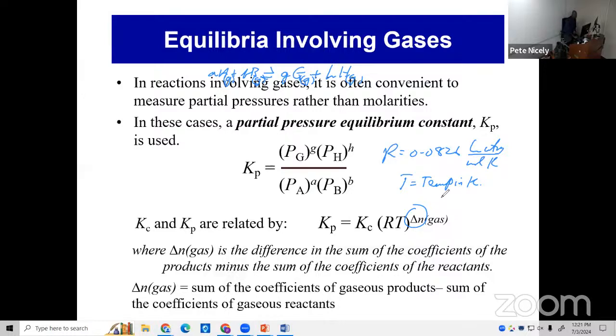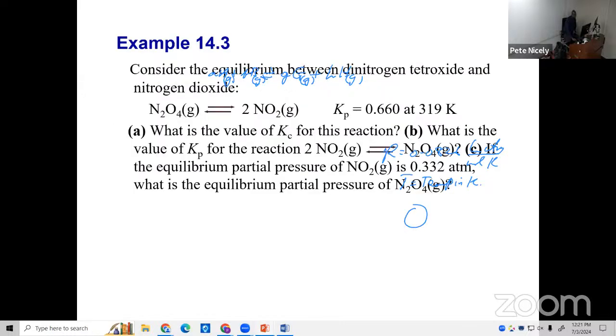Okay, just to give you an example. In this example, they gave you an equation and the corresponding Kp value, and the question asks, what is the value of Kc for this reaction?